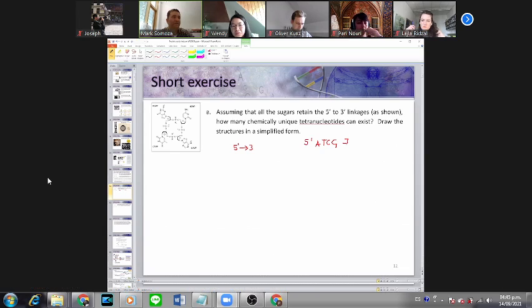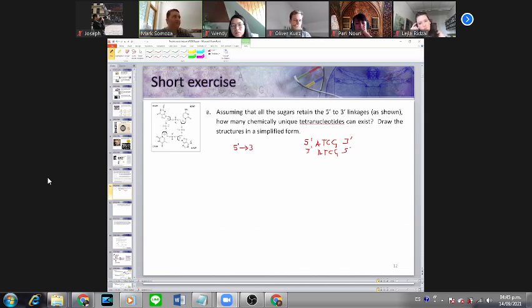So let me just get that out of the way. And if it's ATCG, but this is the 5' side and this is the 3' side, that's a different molecule. So just keep in mind that unless specified, we're referring to 5' to 3', and that it makes a difference. They're two totally different molecules.